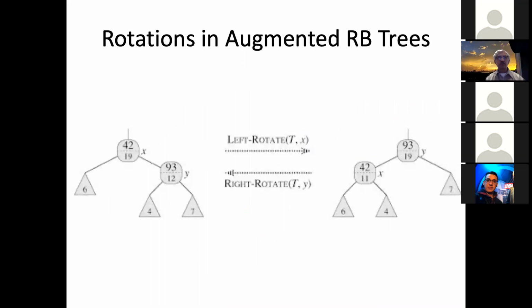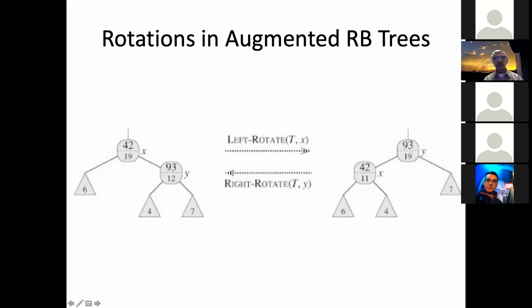Remember, we talked about rotations, and we saw how you can do either a left rotate or a right rotate. If you do a left rotate at this node 42, what will happen is that 93 becomes the parent of 42, and that's what you see on the right-hand side. 93 is now a parent of 42. And of course, the subtrees that hang off of it are now changing.